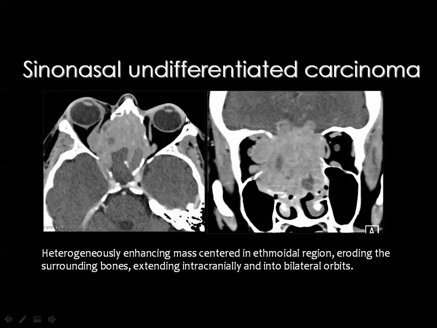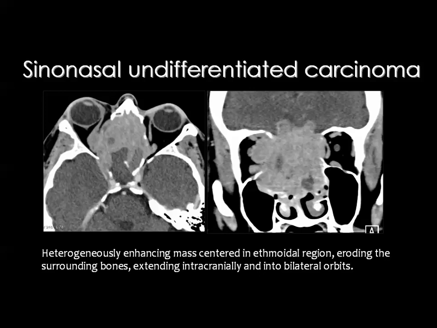And sinonasal undifferentiated carcinoma involving the ethmoidal air cells with intraorbital extension on both sides, more on the right, as well as intracranial extension. During this lecture, you will see many of the lesions simulate this appearance.